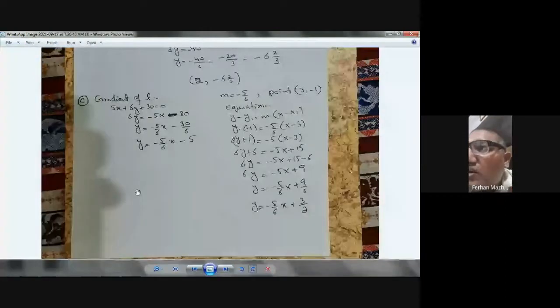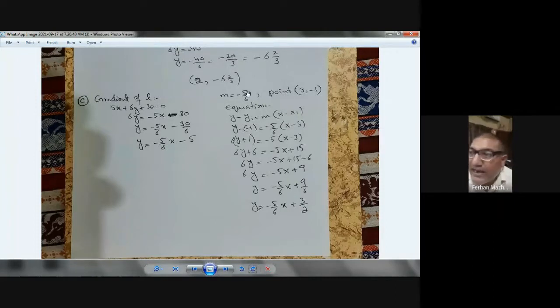So we are talking about a line whose gradient is the same as that of the line L. So the gradient of the new line will also be minus 5 by 6. And that line is also passing through the point 3 comma minus 1. That is the point P. So if I know the point on the line and I know the gradient of the line, very easily I can find out the equation of the line.